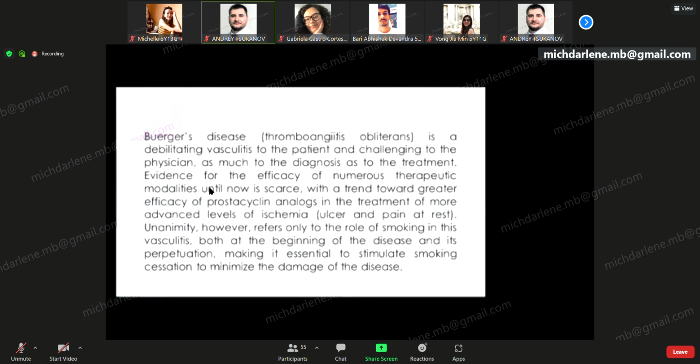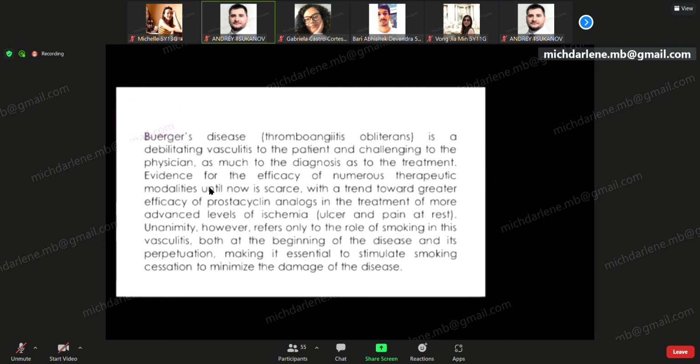Buerger disease, thromboangiitis obliterans, is a debilitating vasculitis for the patients and challenging for the physician, as much in the diagnosis as in the treatment.